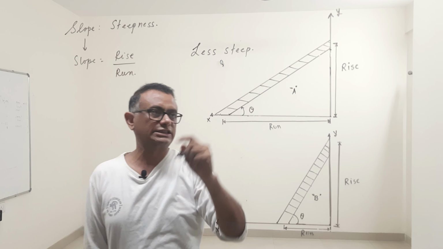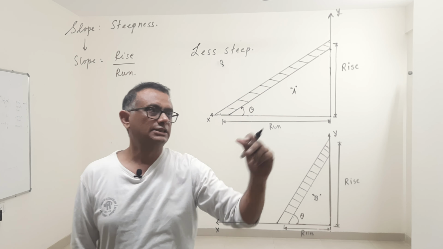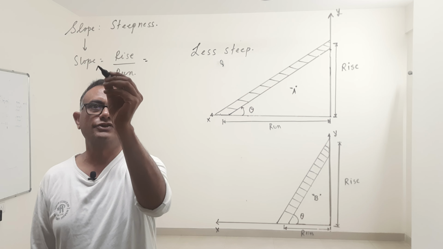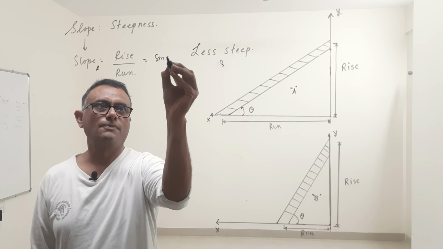If you look at the first case, this rise is smaller when compared to this, of course, and the run is large. Rise is coming in the numerator, so a small value divided by a larger value. Therefore, as you would guess, the slope in the case of A is going to be small.